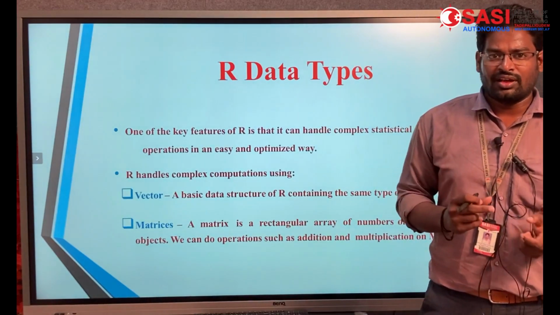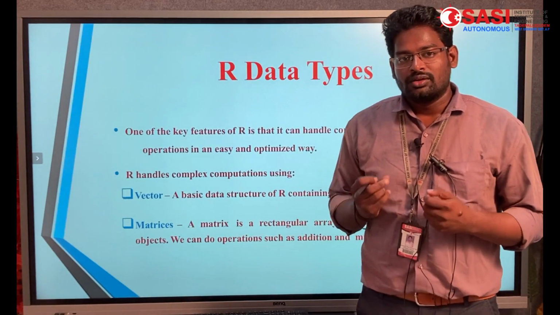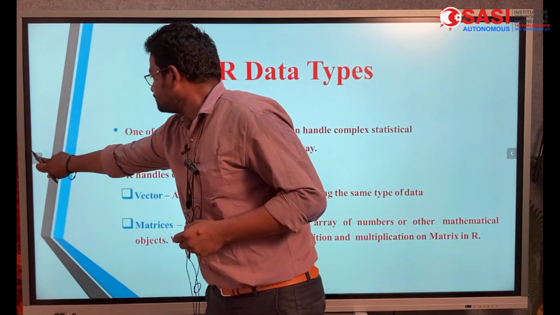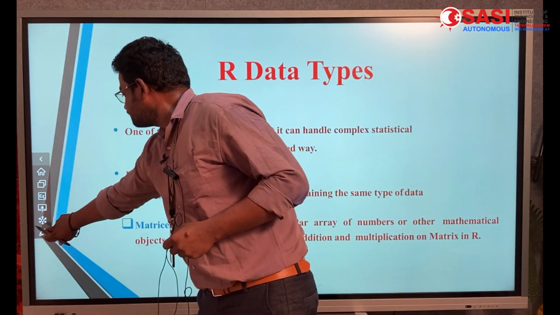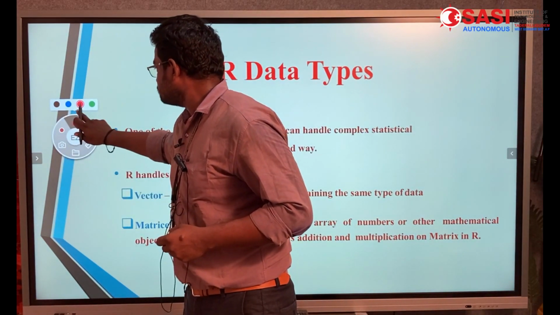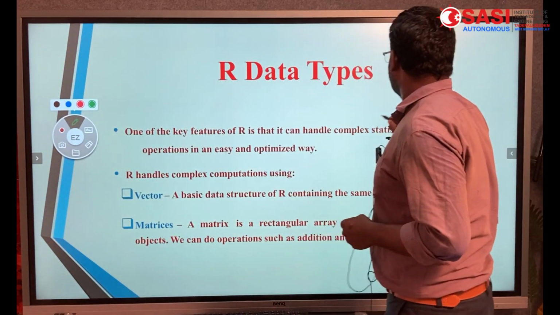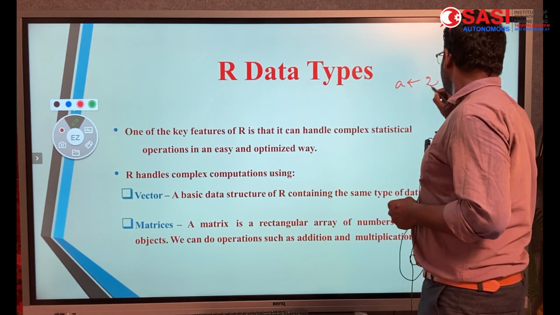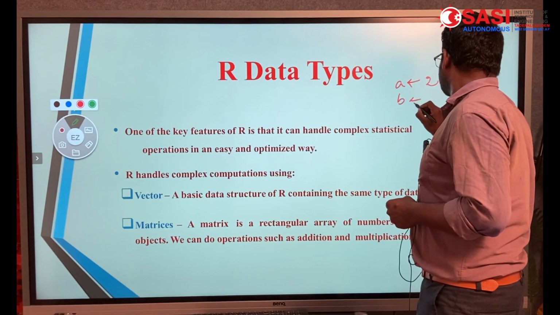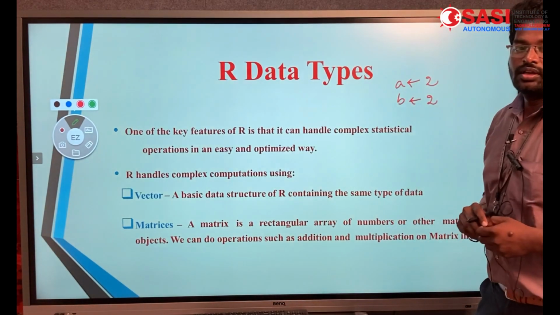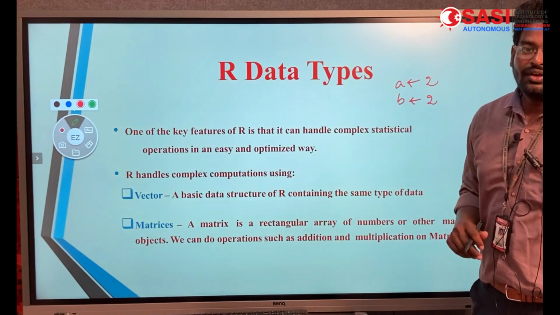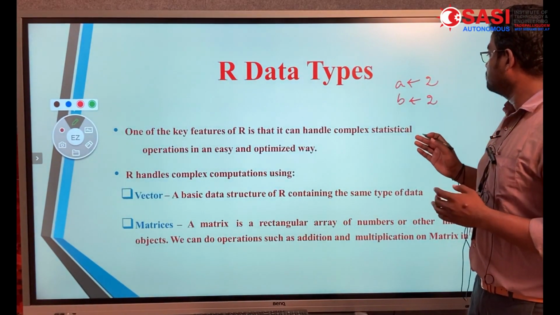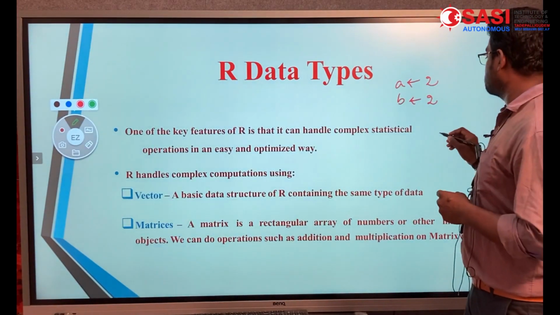For example, see here, I am taking A as 2 and B as 2. So here I have A and B. If I have defined these two as numeric, then I perform the addition operation between these two.